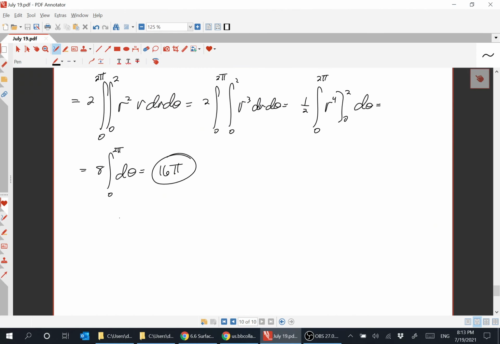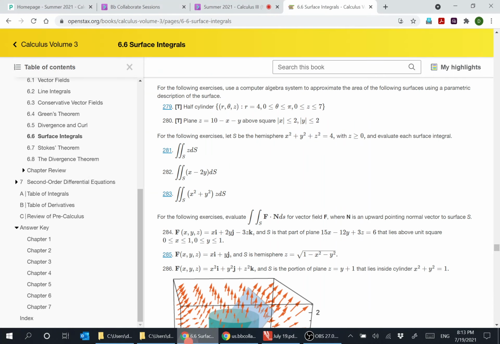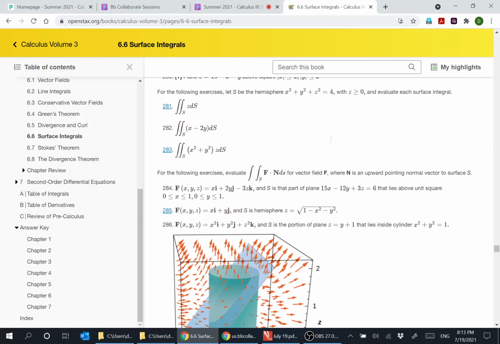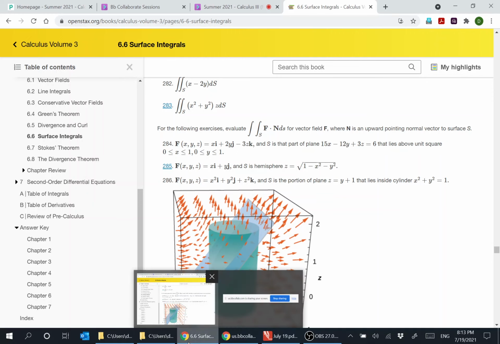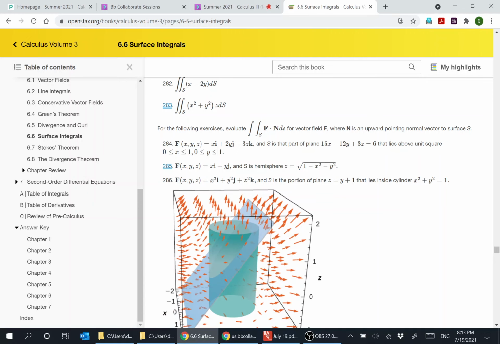All right, so it was 283. Next is 286. For the following exercises, evaluate f dot n.